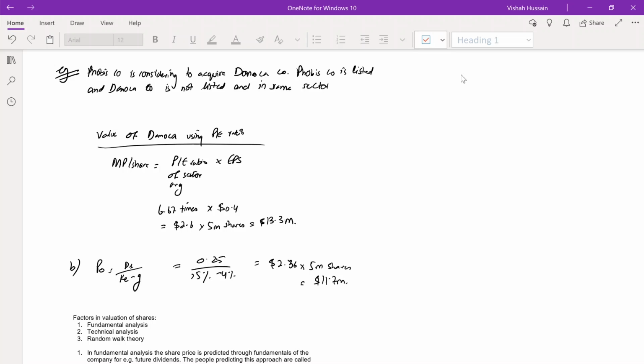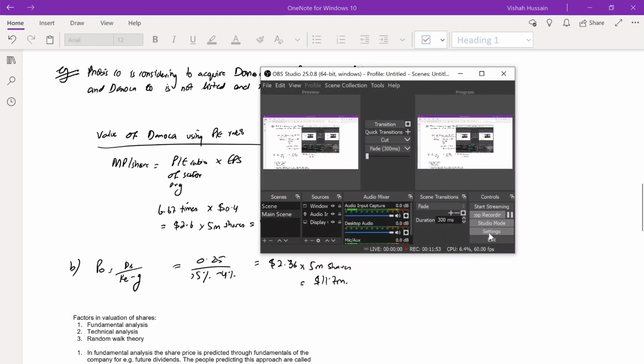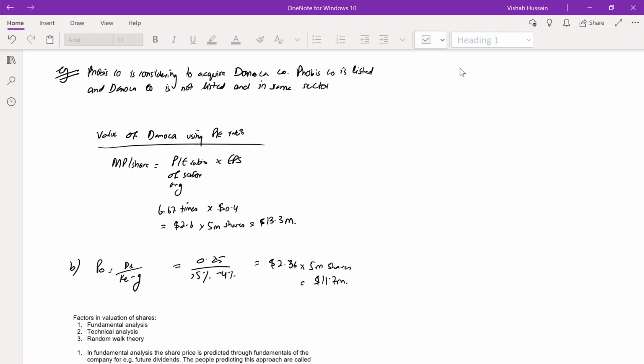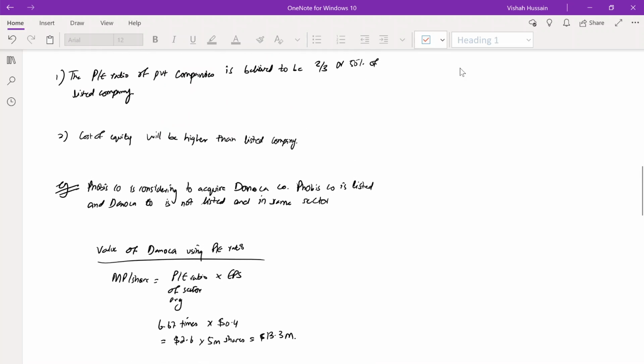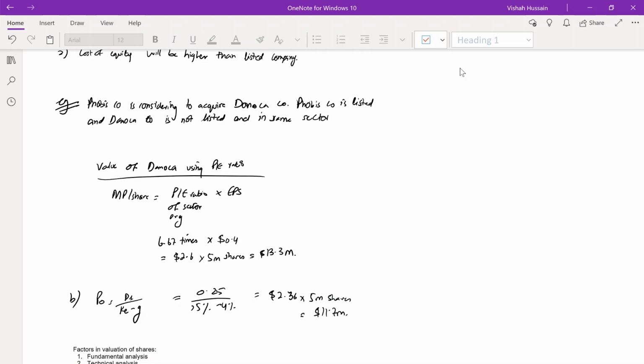So I have rounded it off to 6.67 times. Okay. The cost of equity, however, is going to increase. As it says, cost of equity will be higher than listed company. So it is going to increase to 15% from 13%.